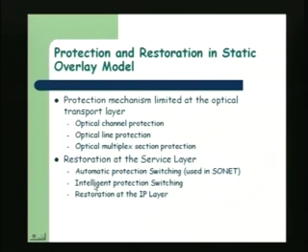including the intelligent protection switching, or we may exploit restoration at the IP layer. But as you will see subsequently, restoration at the IP layer is extremely slow, and it does not conform to the sub-50 millisecond restoration capabilities typically required by optical networks.